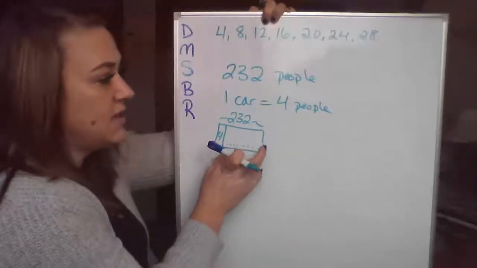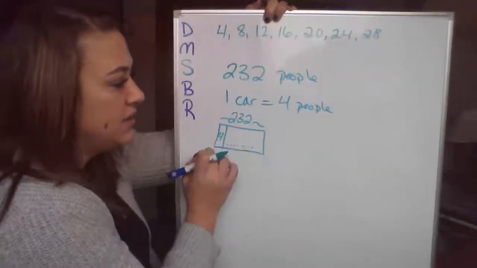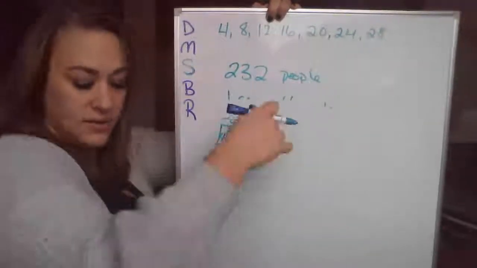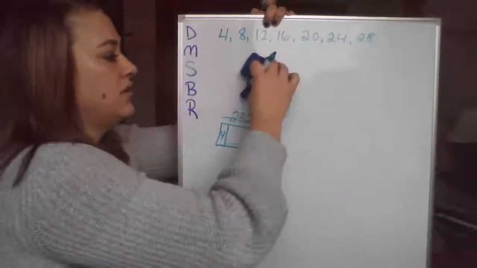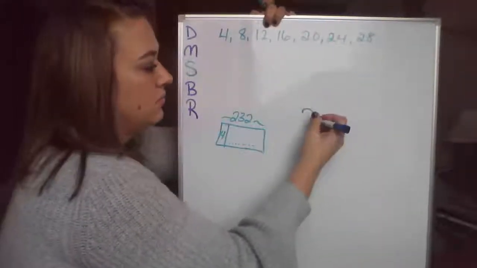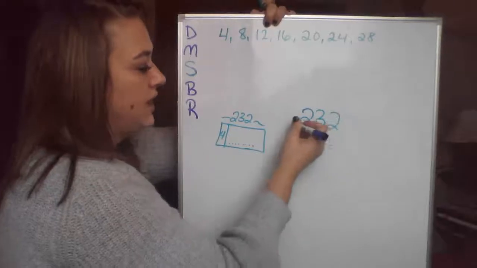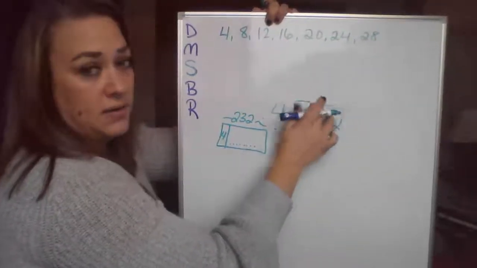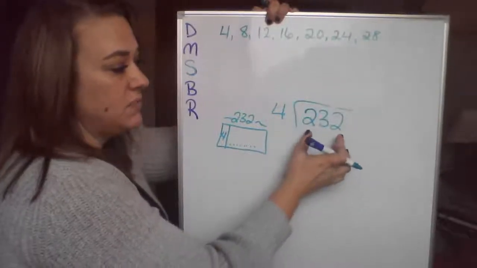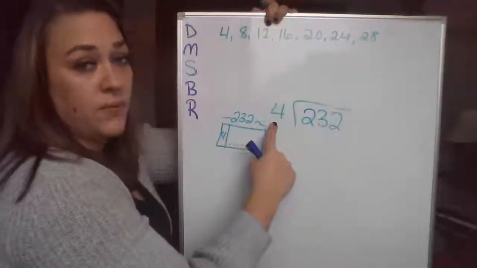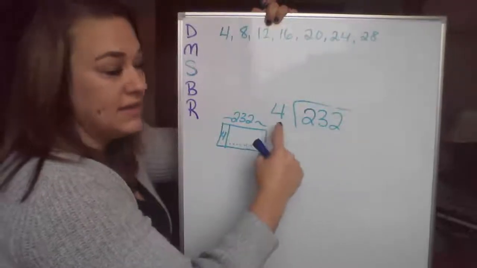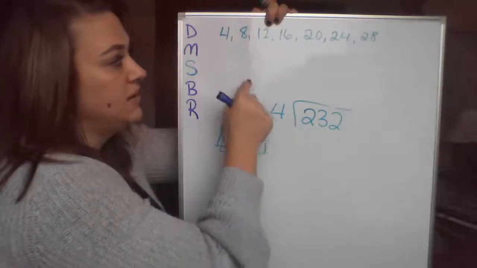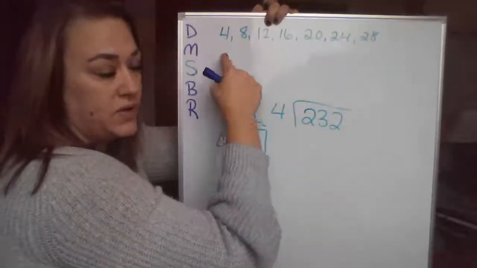I don't know how many units I need, but because I know each car holds 4 people, if I set my problem up as 232 divided by 4, that's going to tell me how many cars we need. If I divide that, it's going to tell me how many cars we're going to need to haul all the people. Okay, and I left our skip counting since we're working with 4s again.